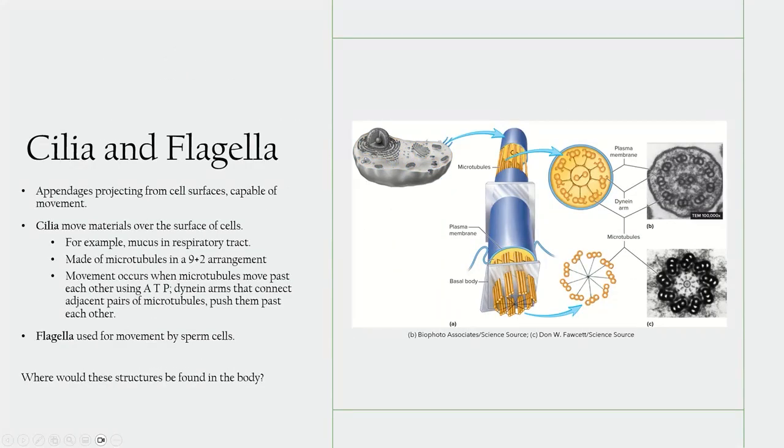Now, cilia and flagella are interesting cytoskeleton components here, but they're really mainly used for movement. They use ATP to move. So really, cilia are more useful for moving materials over the surface of the cell, not moving the cell. They're just like fingers or appendages.